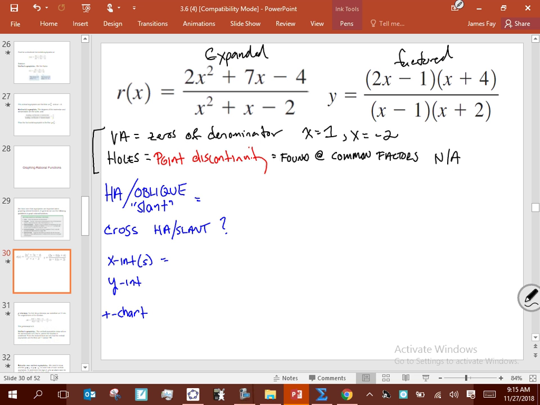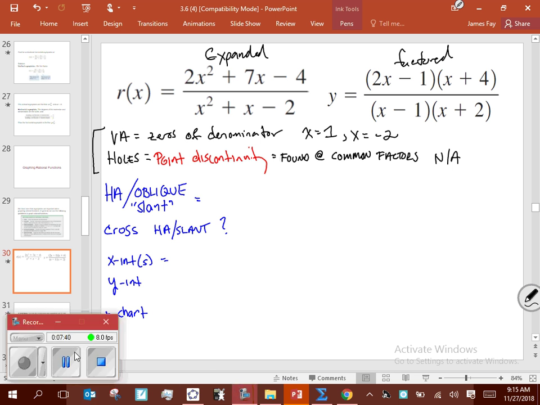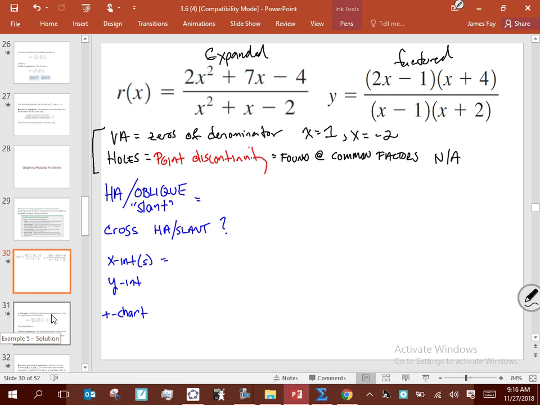The next thing we want to do is find our horizontal asymptote. Remember what our horizontal asymptotes are? The horizontal asymptotes are strictly talking about end behavior.